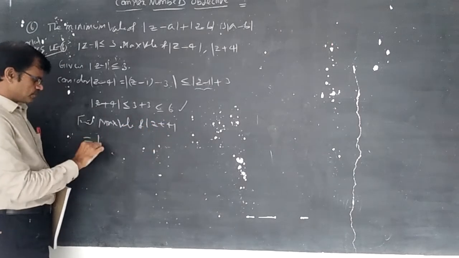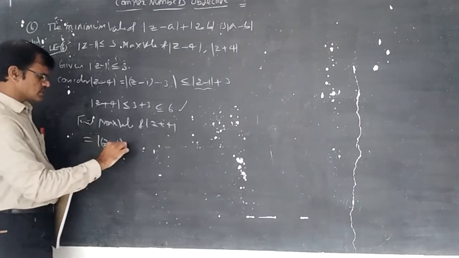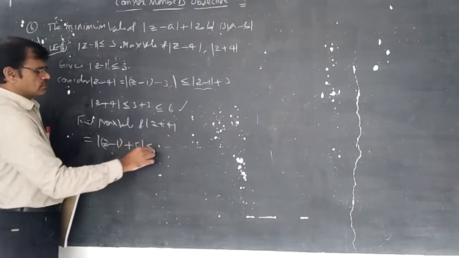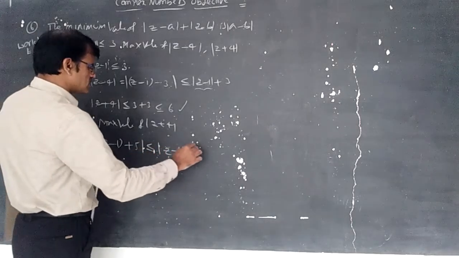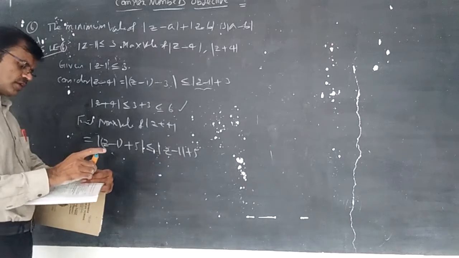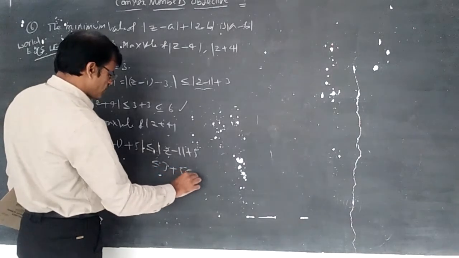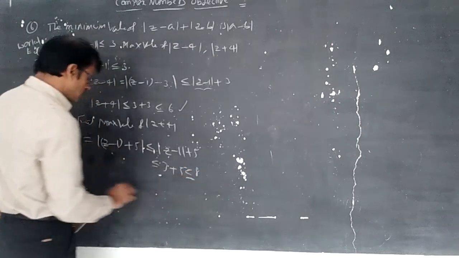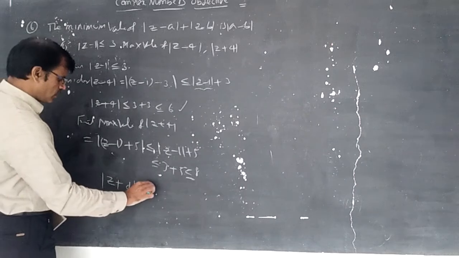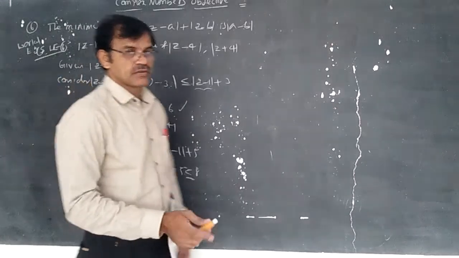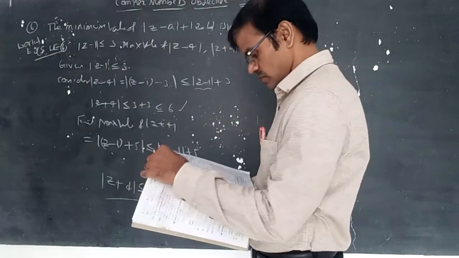You can write this as modulus of z minus 1 plus 5. So it is less than or equal to modulus of z minus 1 plus 5. What is the value of modulus of z minus 1? It is 3. So this is 3 plus 5, the total value less than or equal to 8. So the maximum value of modulus of z plus 4 is 8, whenever modulus of z minus 1 is less than or equal to 3.